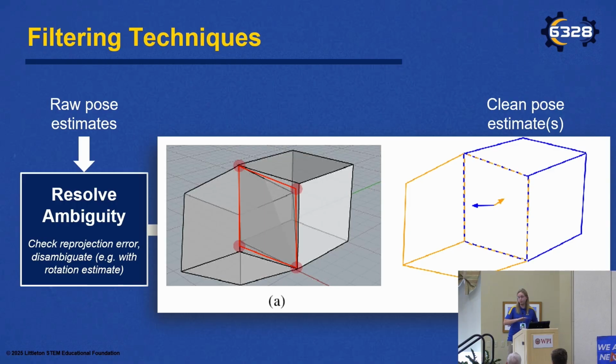Some estimates are just really ambiguous and they're not really usable, but some are close enough that you can disambiguate them through other means, either by looking at reprojection error or comparing to another source of truth like your gyro estimate. In our case, we use that gyro estimate to disambiguate tags, and we have some additional logic, so we will only update our rotation estimate using vision if it was based on unambiguous estimates. So all of these things are really playing into each other.